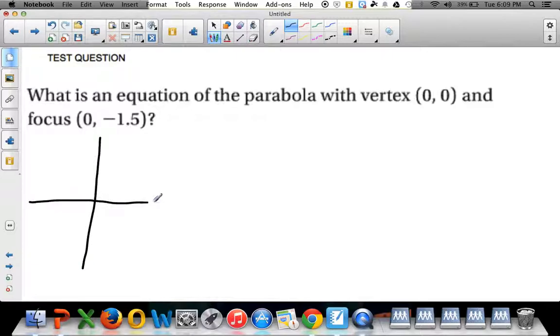So let's have a coordinate plane right here. I know that my vertex is going to be at the origin, and I need to then plot my focus, 0, negative 1.5. So here's my vertex, and this is my focus.